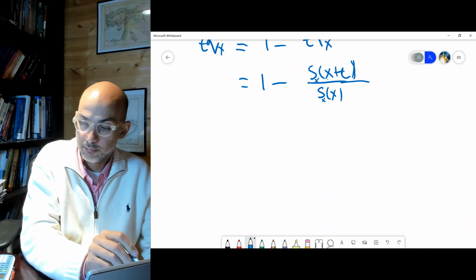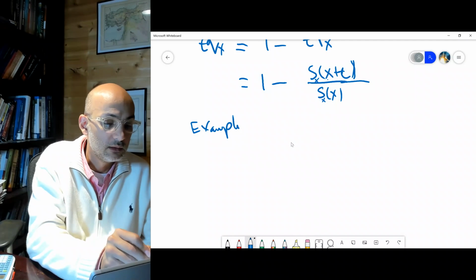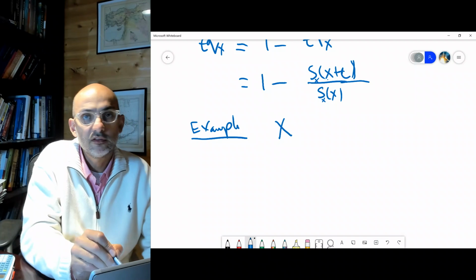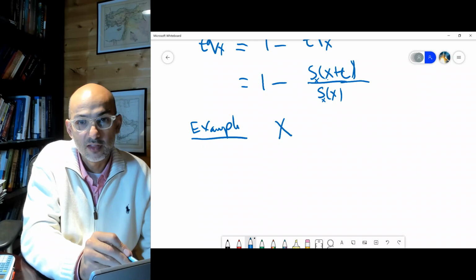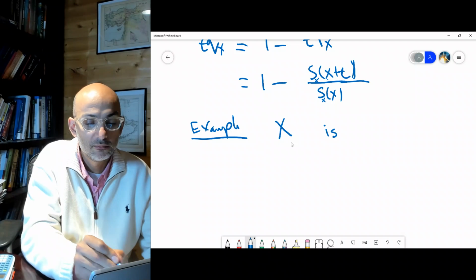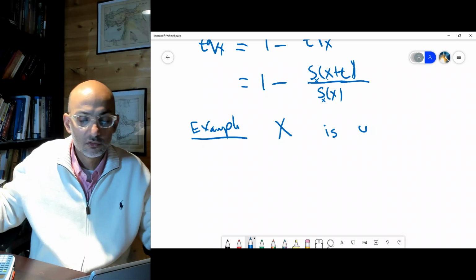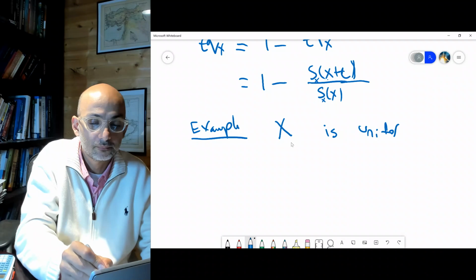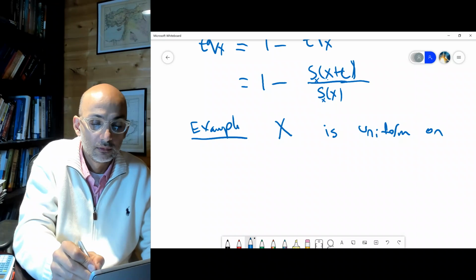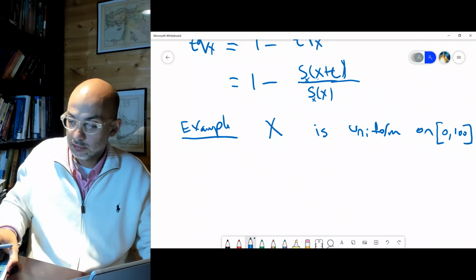Let's talk about the same example. The age at death, X, the whole life from 0 to whenever death happens, is uniform on the typical 0 to 100.